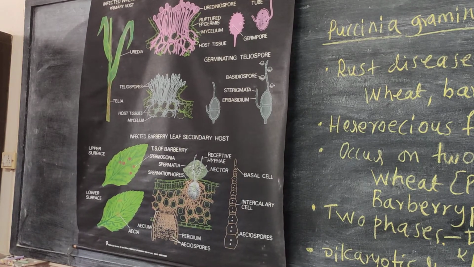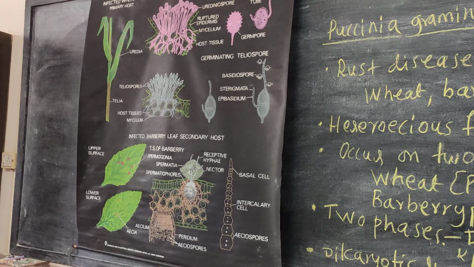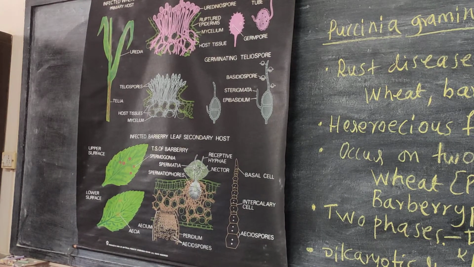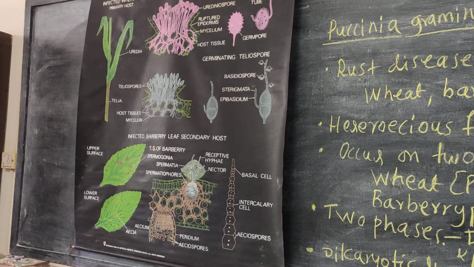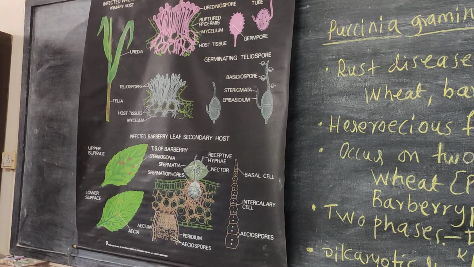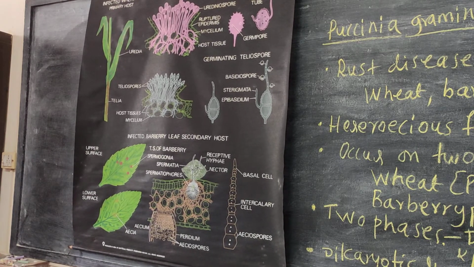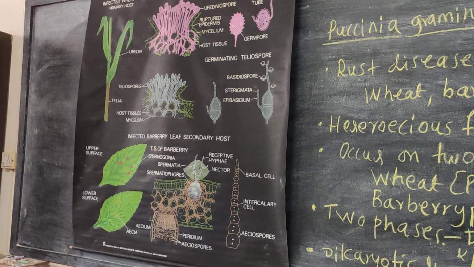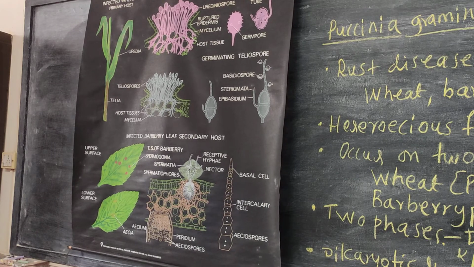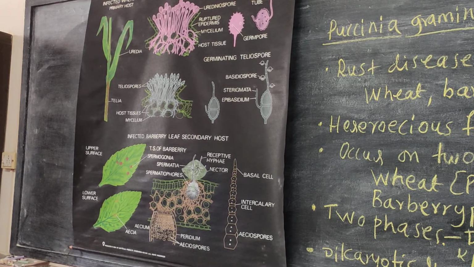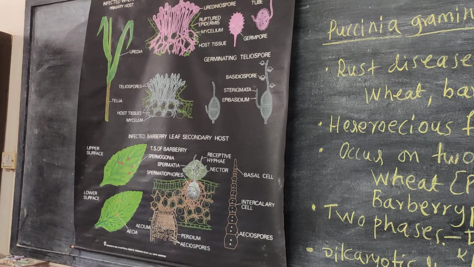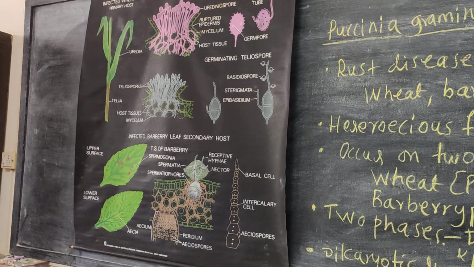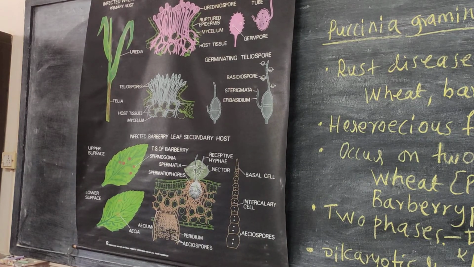The epidermis of the host plant bursts and is kept open due to the pressure of the developing uredosori, and thus the urediniospores are liberated. The urediniospores are carried by wind currents and get transferred to a fresh healthy wheat plant.